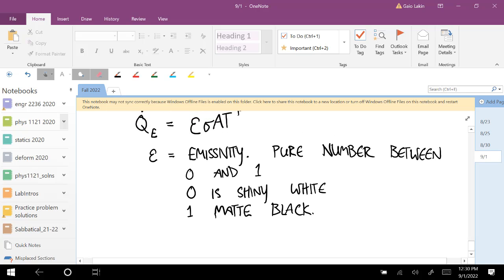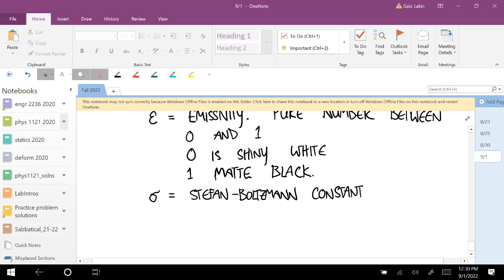Okay, the second constant is sigma. That's the Stefan-Boltzmann constant. And it has a value of 5.67 times 10 to the minus 8.